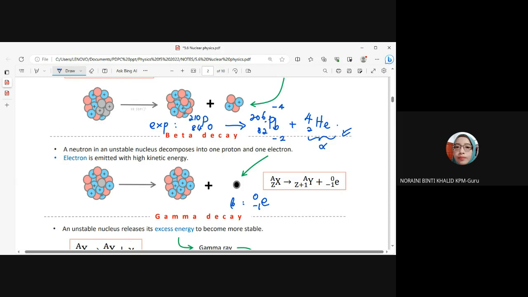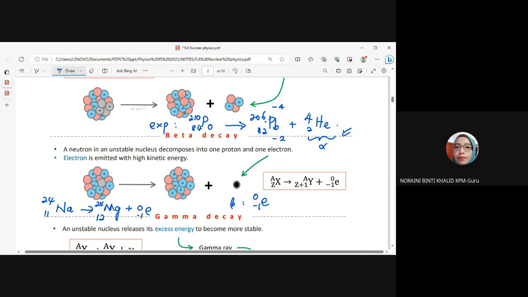Let's say natrium 24 11 become magnesium 24 12, release 1 beta.